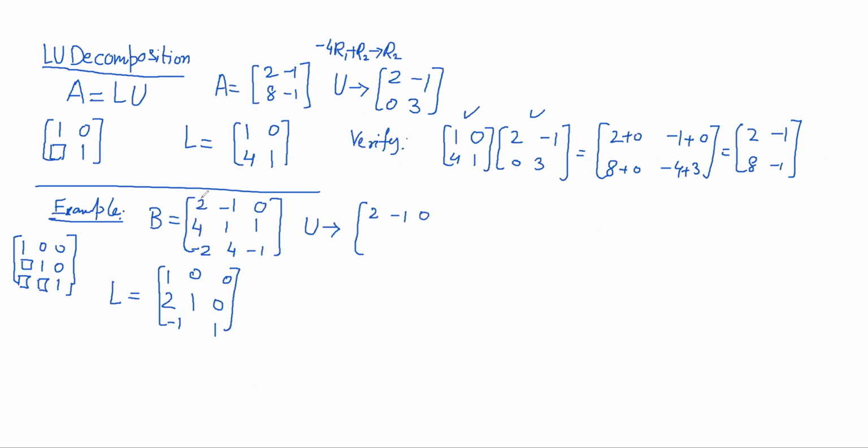For example, if we multiply it by 2, the row operation will be minus 2 times row 1, so it will be minus 4, plus 2, and then 0. Now 4 minus 4 is 0, 1 plus 2 is 3, 1 plus 0 is 1.